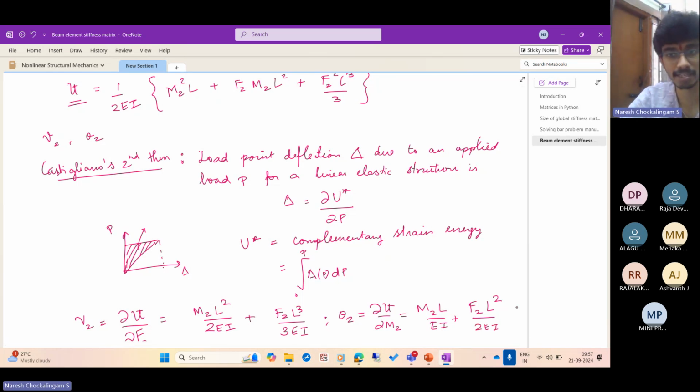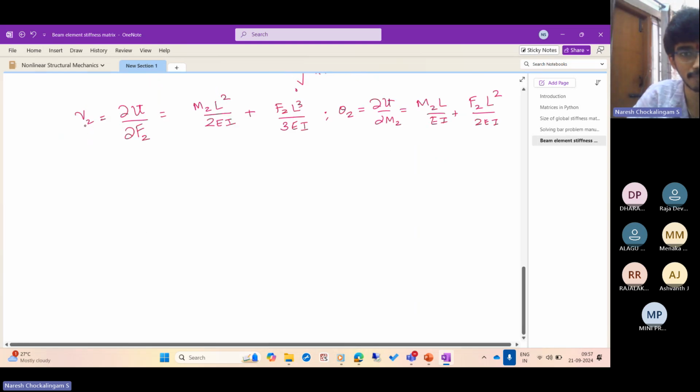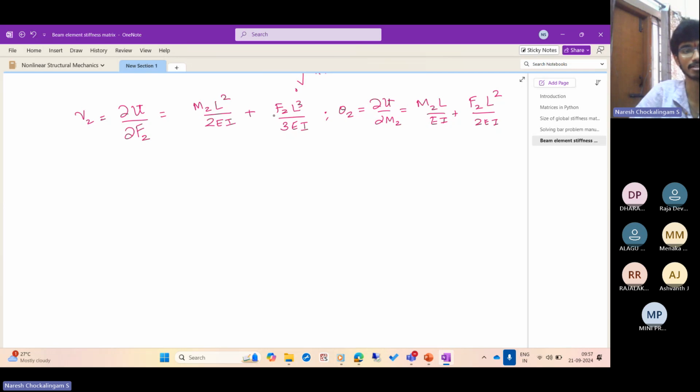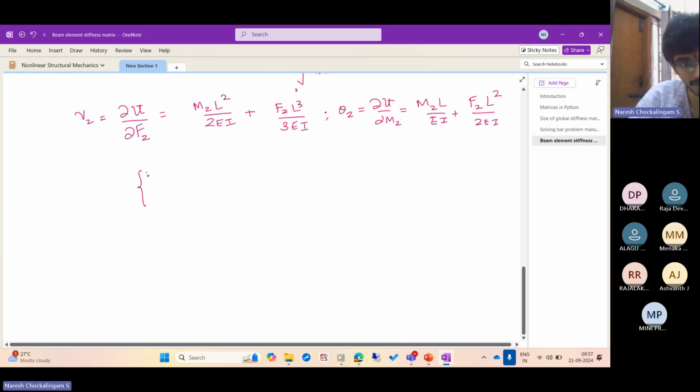Now can we arrange it in a matrix form? So now we have a relationship between V2, theta 2 and M2, F2, right? Let's put that. On the left hand side, we have V2, theta 2. You have some matrix. We'll populate the matrix soon. And on the right, you have F2, M2. So can one of you tell me the coefficients?